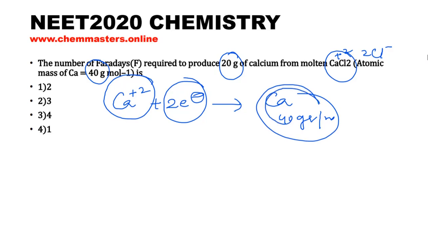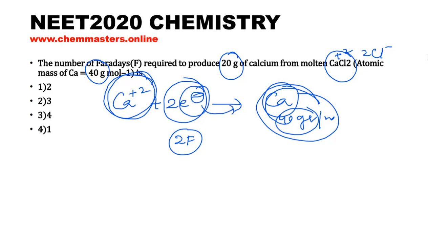Now the electricity required to produce 40 grams of calcium from 1 mole of Ca2+ is 2 Faraday, because each mole of electrons carries 1 Faraday of charge. So 2 electrons should be equal to 2 Faraday here. Now we can write the electricity required to produce 40 grams of calcium is 2 Faraday.